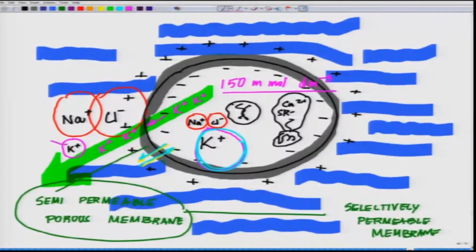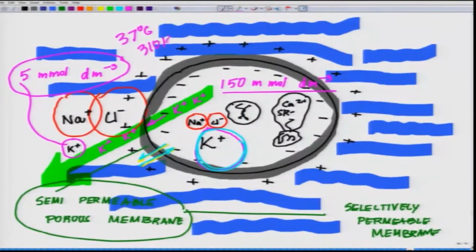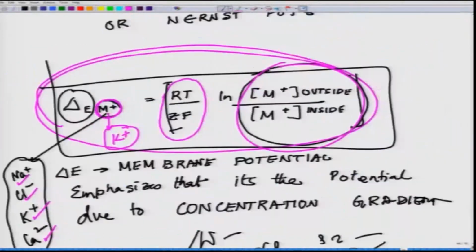Outside, the potassium concentration is around 5 millimolar. This is the typical outside concentration. If these two are the concentrations, and if we consider the body temperature to be 37 degrees centigrade, which is 310 Kelvin, now I plug in the values into the expression which we developed.